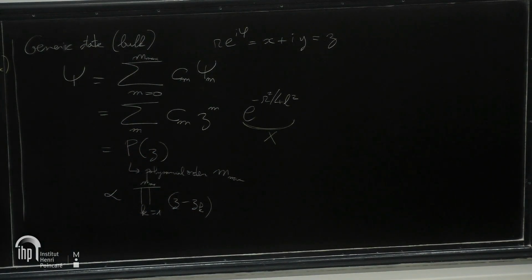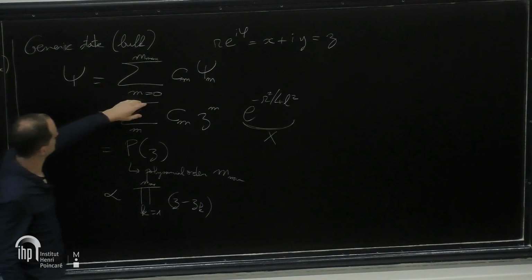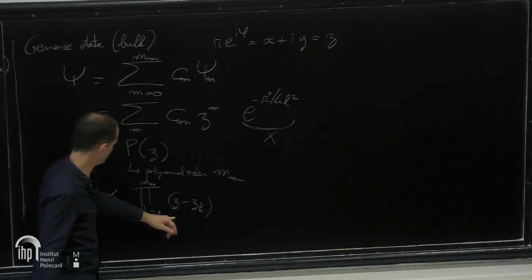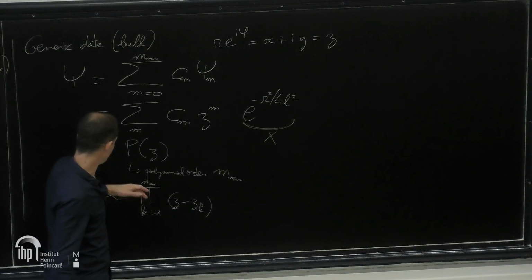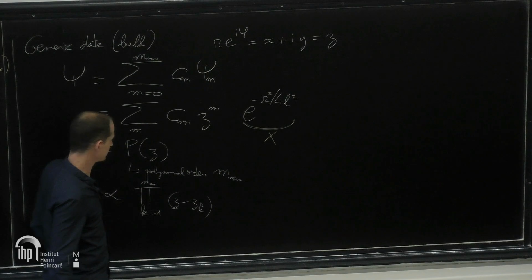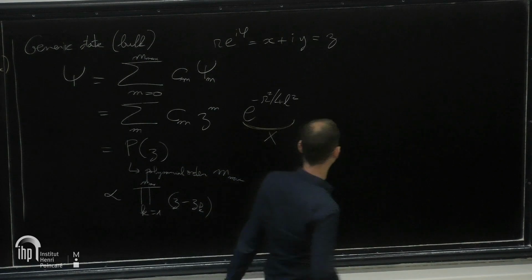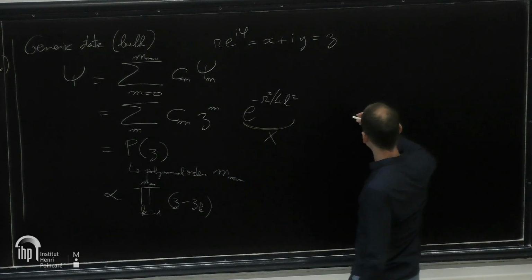And so this shows that a generic wave function of the Landau level that occupies significantly all the states between 0 and m max will have a series of zeros, the number m max, and so the wave function will be pierced by points of zero density.